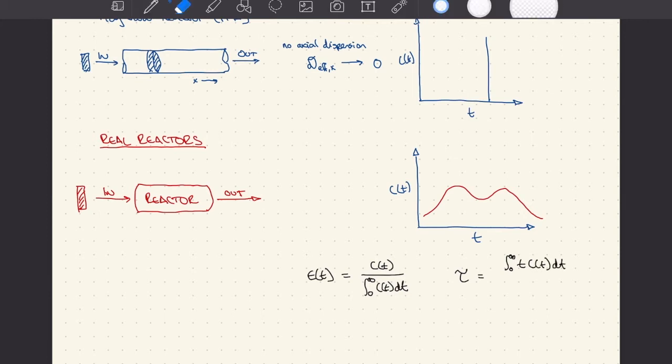So this is the same as integrating over all time for the time times the concentration over this normalized concentration. And so this would then allow us to have both the residence time distribution and a mean residence time for our new reactor system.